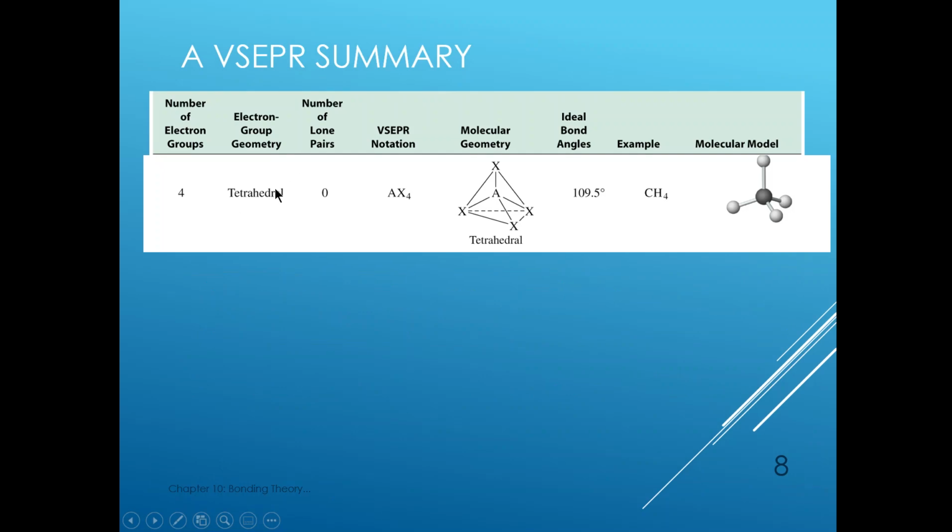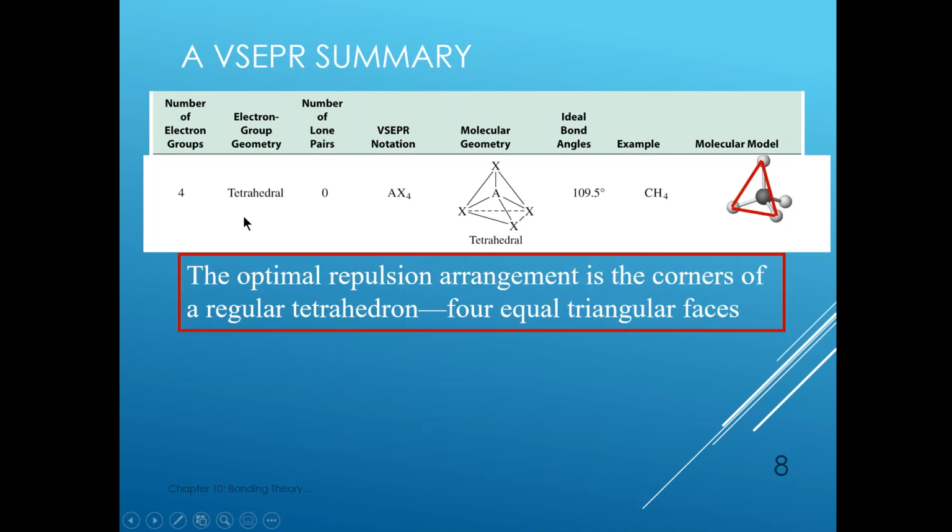Here we have a situation where you have 4 electron groups. As we said before, the electron group geometry would be tetrahedral, and in this case you have 0 lone pairs. So the VSEPR notation would be AX4, and as we said before, if there are 0 lone pairs, then the electron group geometry and the actual molecular geometry will be the same, which is a tetrahedral arrangement, and the bond angle in that case would be 109.5.